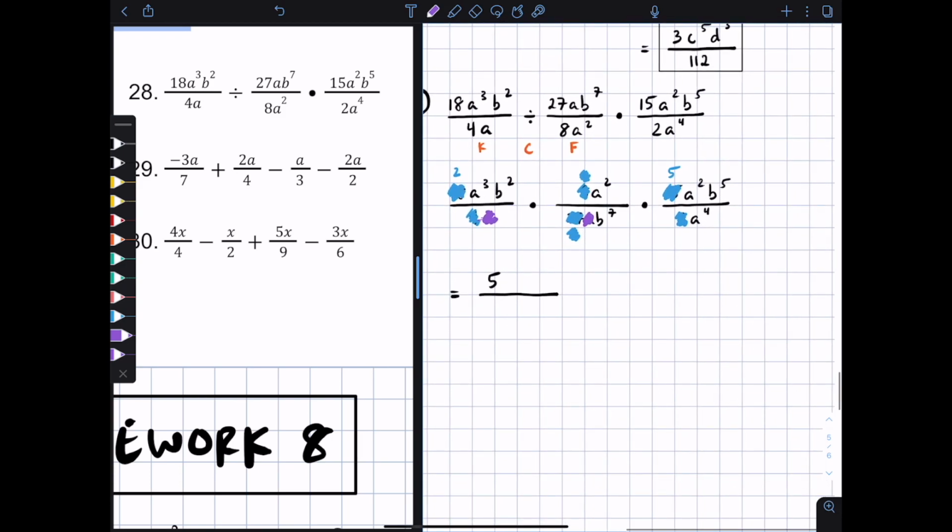So I crossed out 2 A's on the bottom, and I'm crossing out this A to the second power on top. So I crossed out 2 A's on the bottom and 2 A's on top. That's fair. Then I will cross out 2 A's on top and 2 on bottom, so this makes 2 left. Then I'm going to get rid of both of these down here so that we only have 1 left on top. Okay, that takes care of the A's.